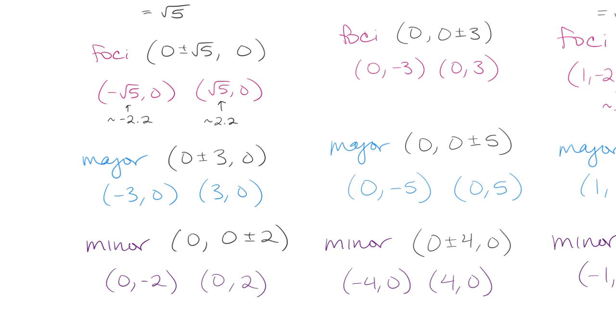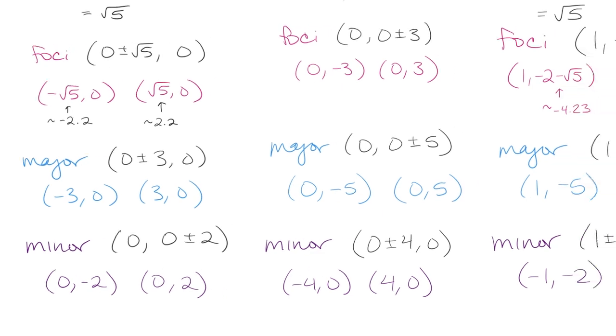But then you add and subtract a number, a, b, or c, either to the x value or the y value, depending on if you have a wide or a tall ellipse. So you're always starting with the center and adding and subtracting a number to that.